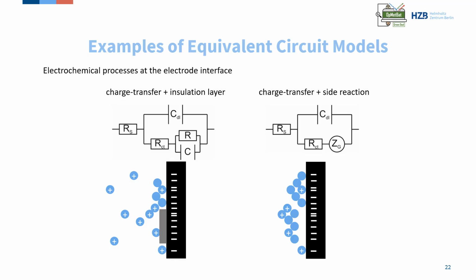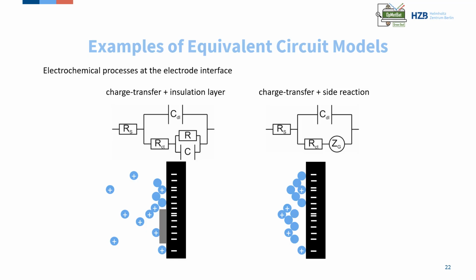In addition to this, the electrochemical systems can have more levels of complexity to express in equivalent electrical circuits. For instance, the charge transfer can also be limited by an insulation layer at the electrode surface. The insulation layer can be represented by an additional RC unit, connected in parallel to the charge transfer resistance.